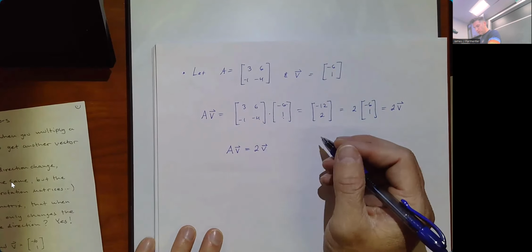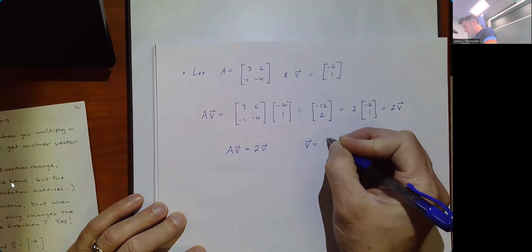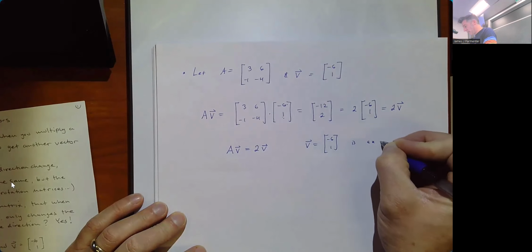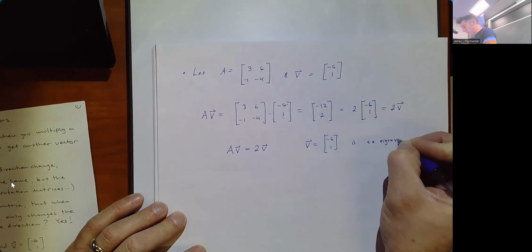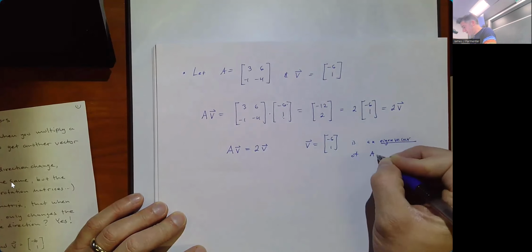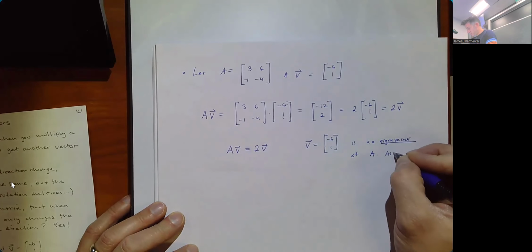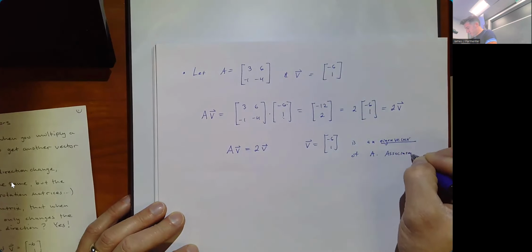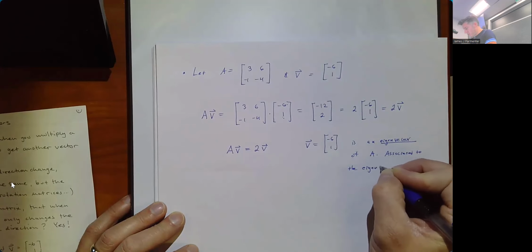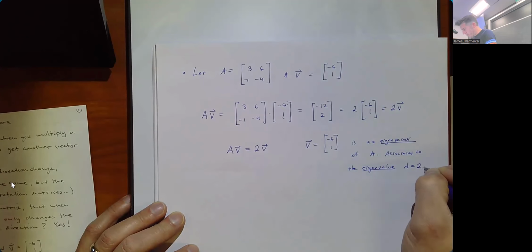Yeah. So what I'll point out here is that v equal to (-6, 1) is an eigenvector of A associated to the eigenvalue lambda equal to 2.